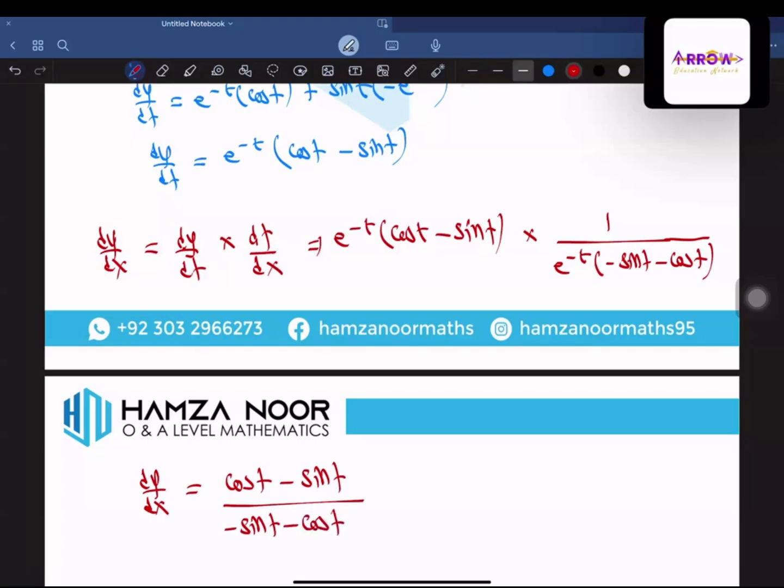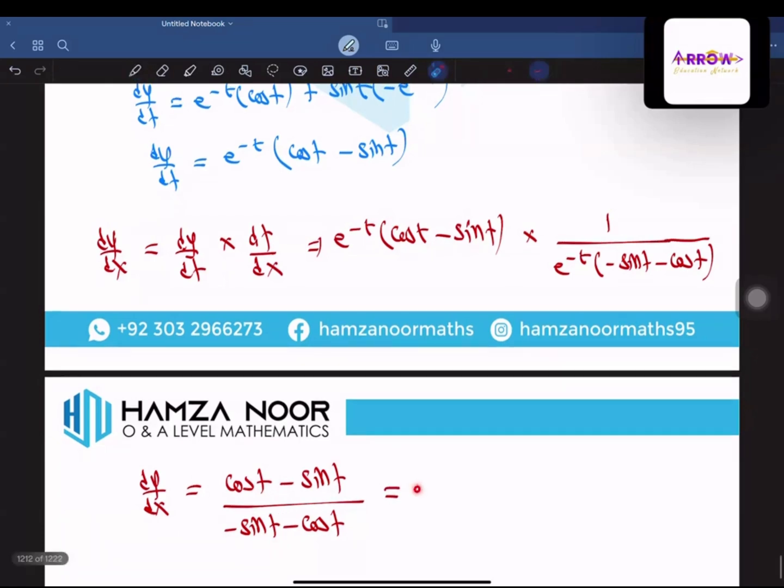Now what I can do is take the minus sign as common. When I take the minus sign as common in the numerator, this will be minus cos t plus sine t. But intentionally, I can express it like this: in the numerator, taking the minus sign as common, I will write sine t minus cos t over here.